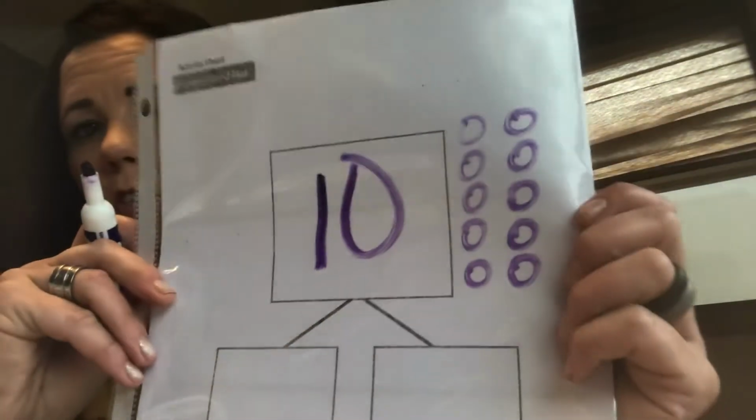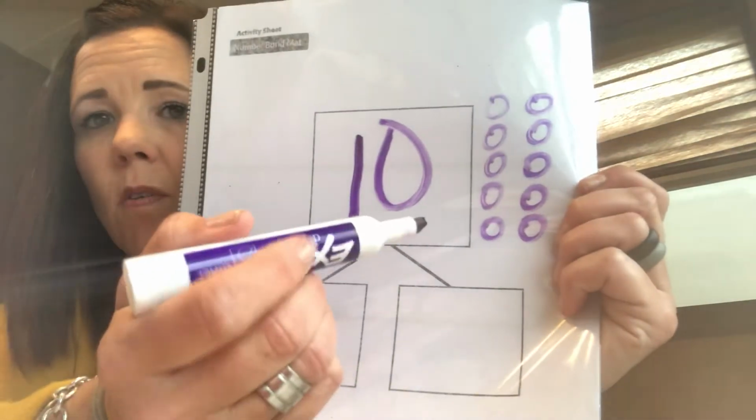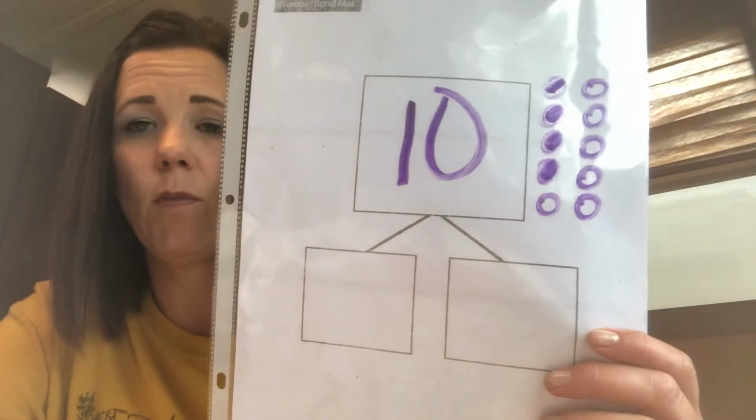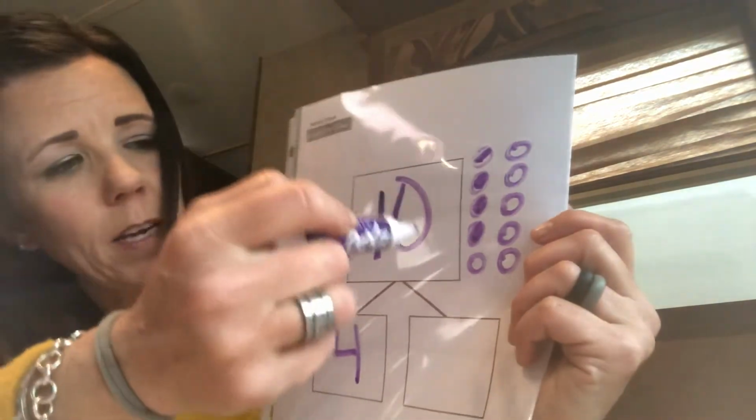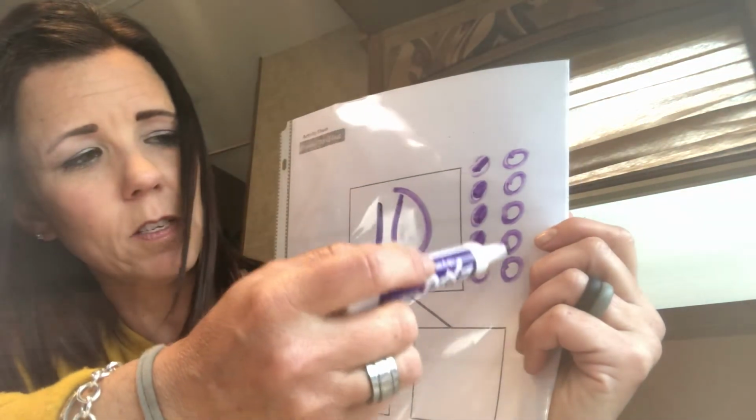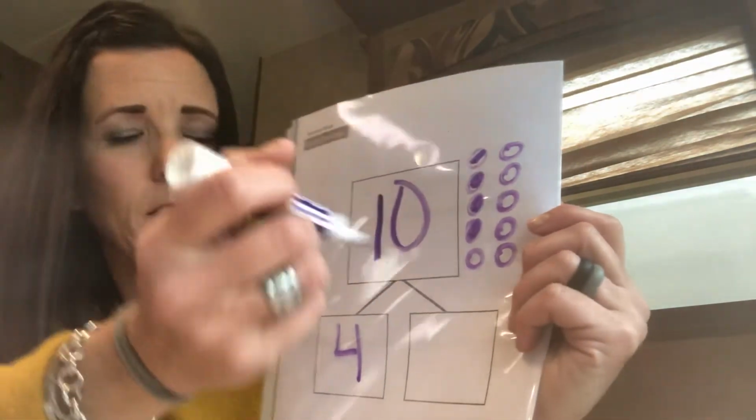I could draw 10 circles because I know that's my whole. Color in some, right? 1, 2, 3, 4. I chose to color in 4. So that's my first part. Then to find my second part, I just count how many are left. 1, 2, 3, 4, 5, 6. So now I know my second part is 6.